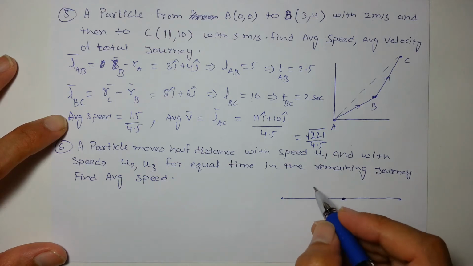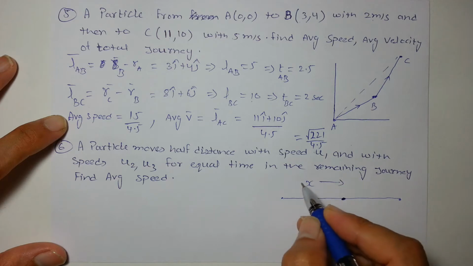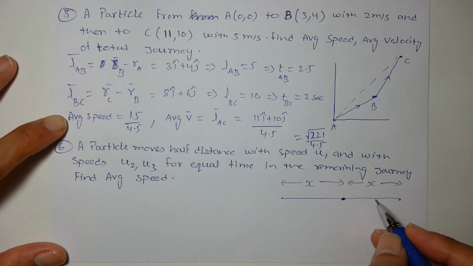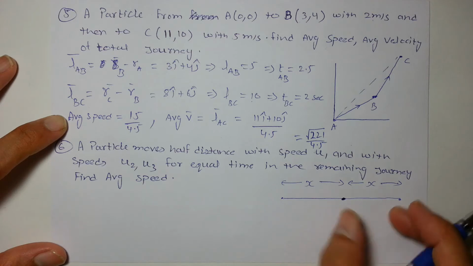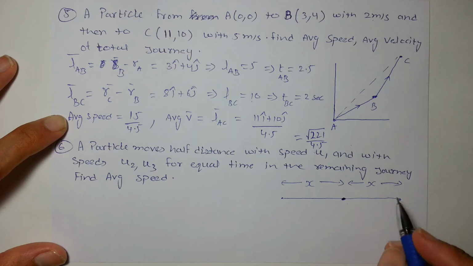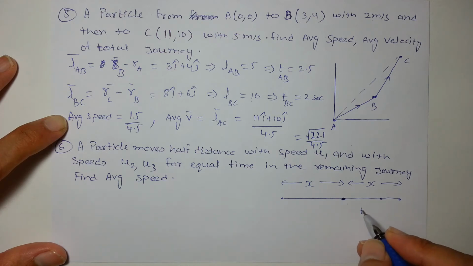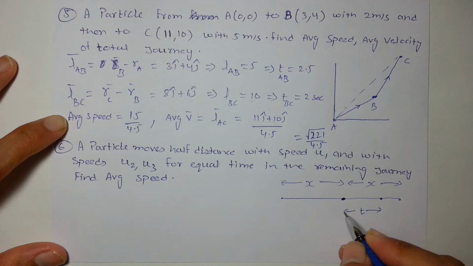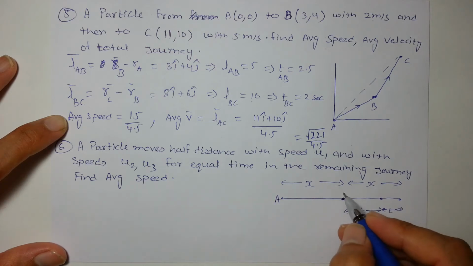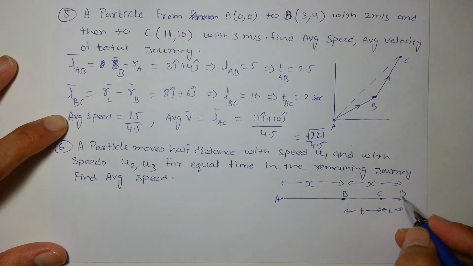This is the midpoint, so this is x and this is x. For the remaining journey, it moves with speed u2 and u3 for equal time. Again, these times are equal, not the distances. A, B, C, D.